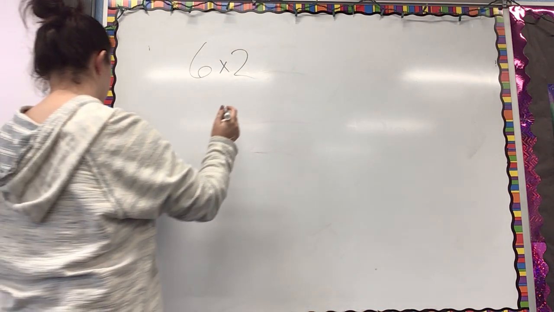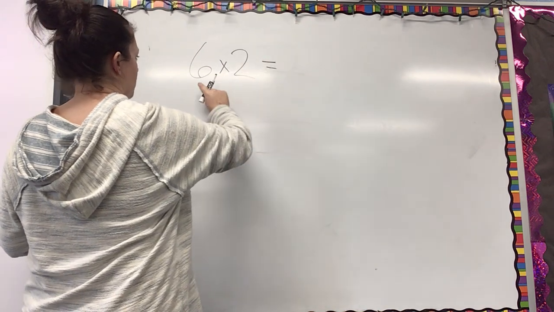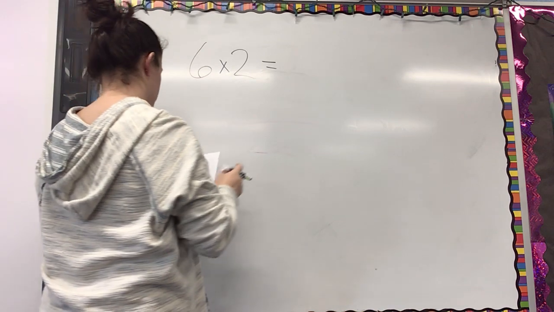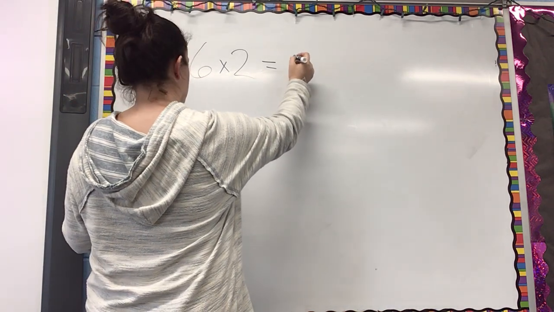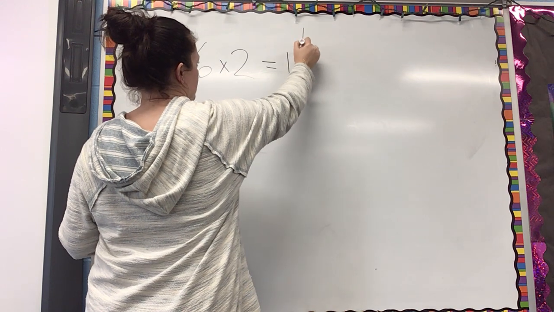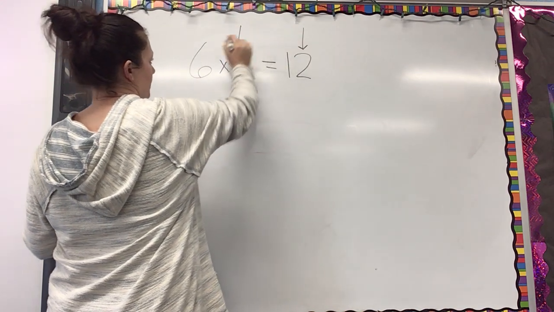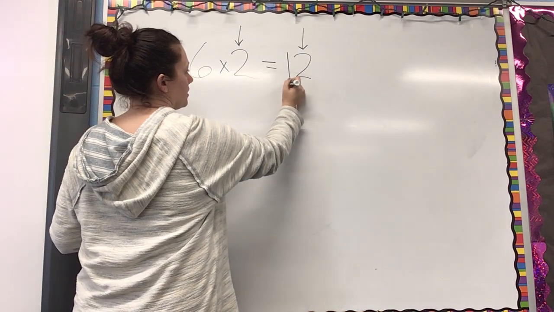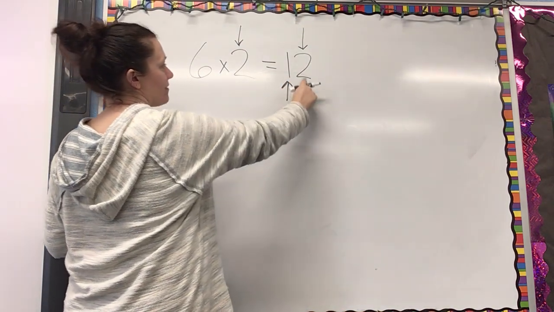So like this. What is 6 times 2? 12. I got 72. So look at this, the final digit is always the same as this one. Your first digit is always half of the second.